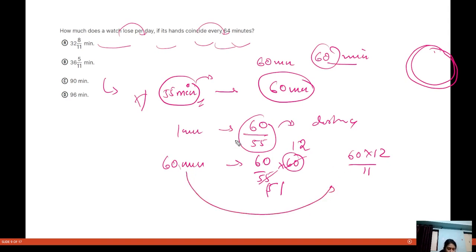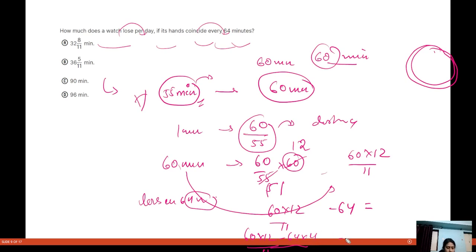Fine. So now what is the loss in 64 minutes? That will be given by 60 into 12 by 11 minus 64. So when you do this, how much are you going to get? 60 into 12 by 11 minus 64 into 11.